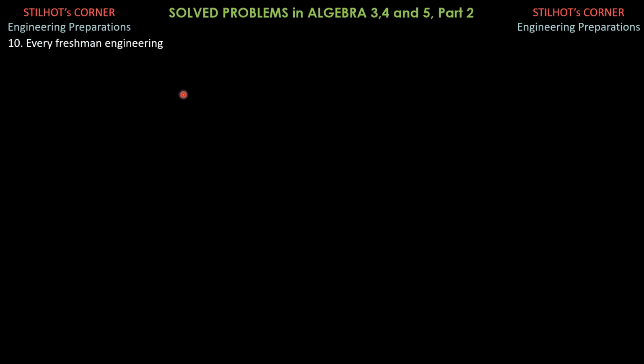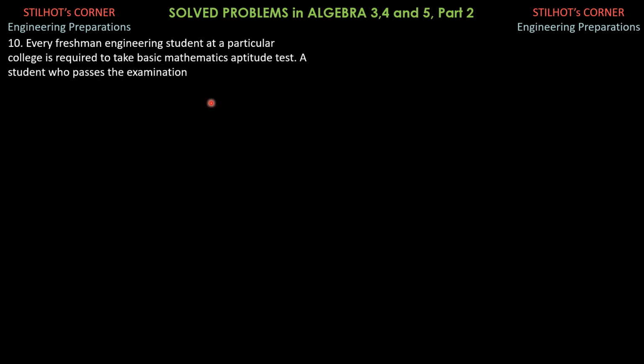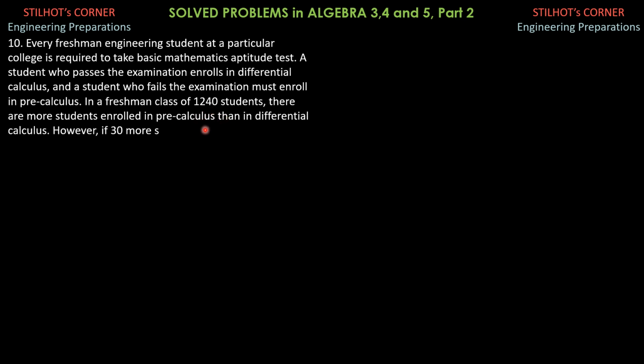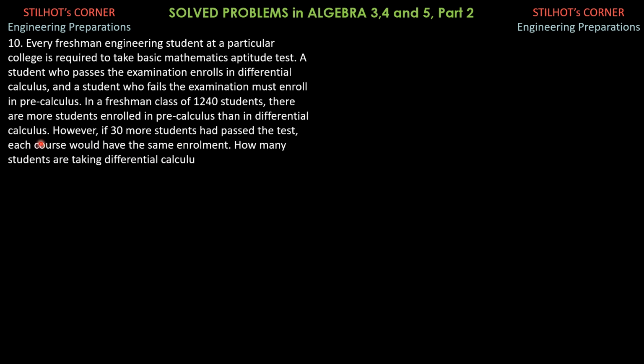Problem 10. Every freshman engineering student at a particular college is required to take a basic mathematics aptitude test. A student who passes the examination enrolls in differential calculus, and a student who fails the examination must enroll in pre-calculus. In a freshman class of 1,240 students, there are more students enrolled in pre-calculus than in differential calculus.